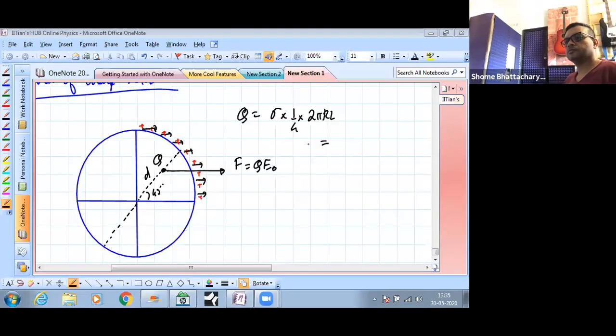Just give me a minute, guys. So this happens because of Zoom. It happened because of the software. So yeah, d will become r sine 45 divided by pi by 4.